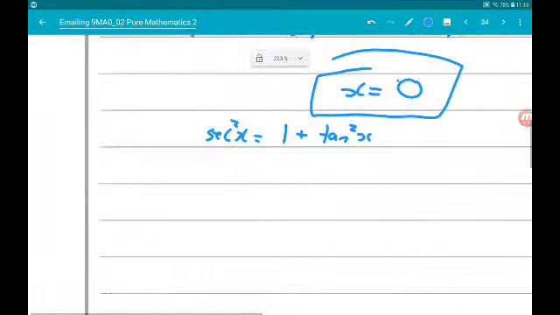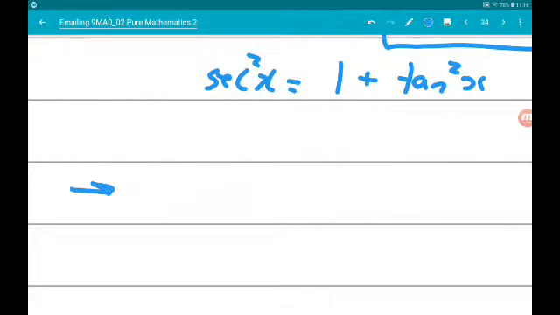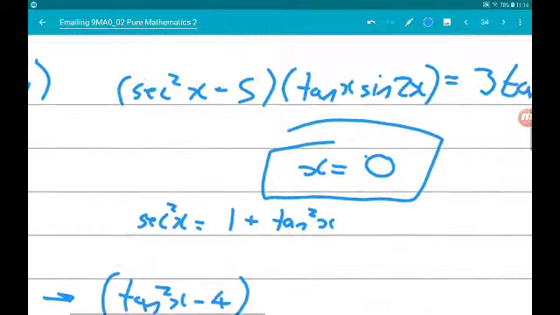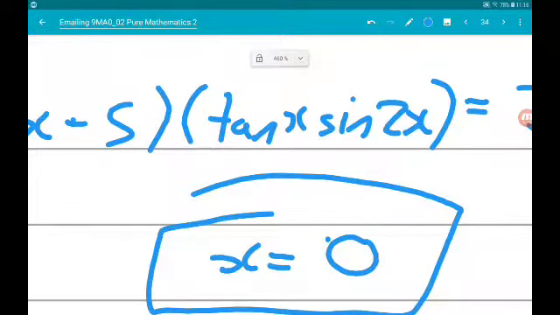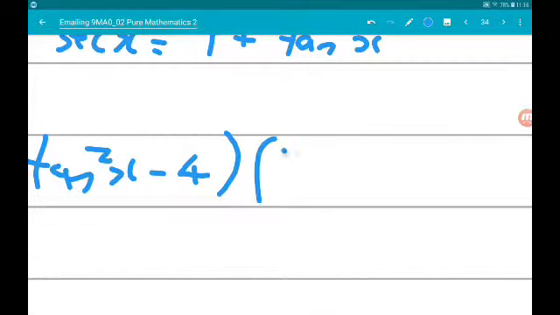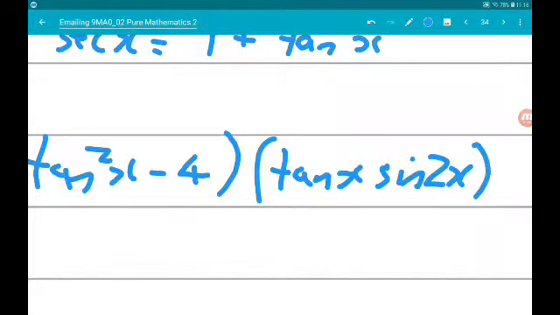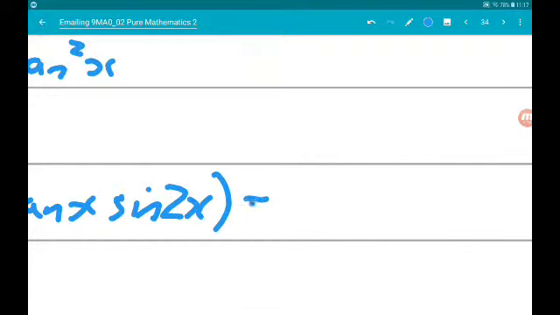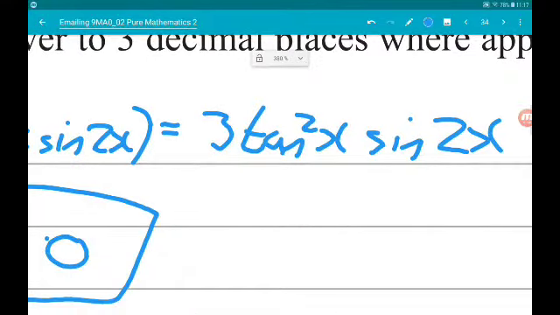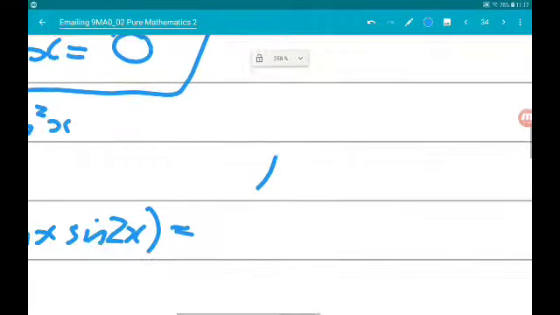So we're going to get tan squared minus 4 times tan x sine of 2x is equal to 3 tan squared x sine of 2x.